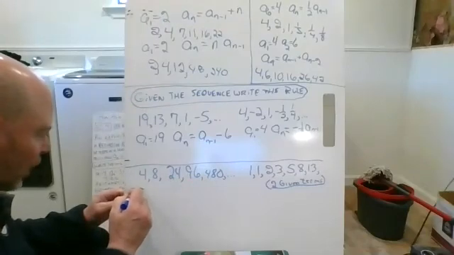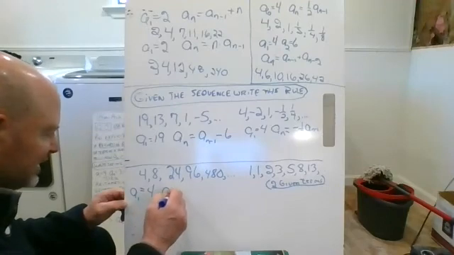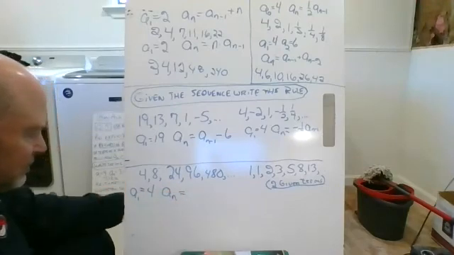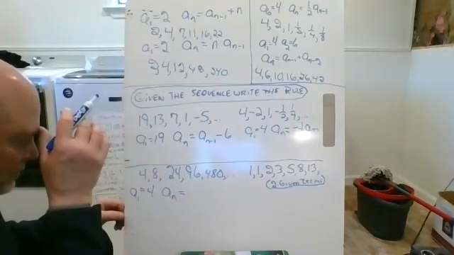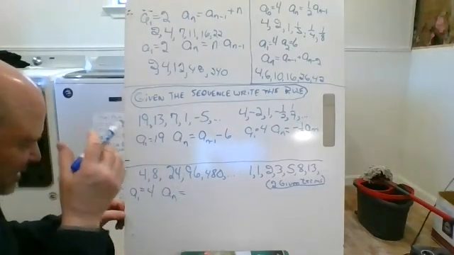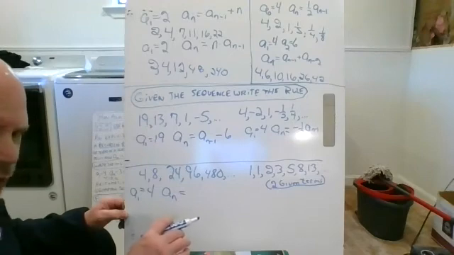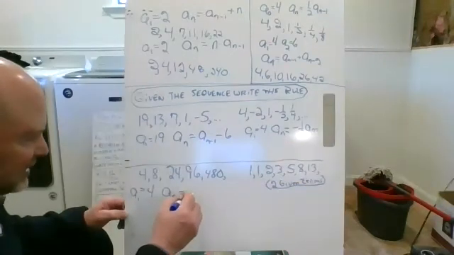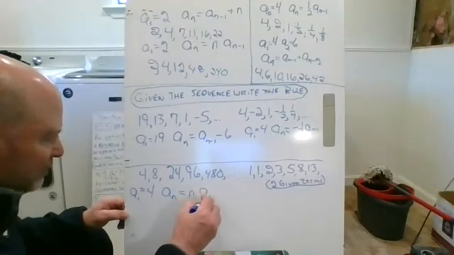A sub 1 is 4. What is a sub n? Is it a sub 1 times n? No, you mean a sub n minus 1 is what you want to say. It's n times a sub n minus 1.